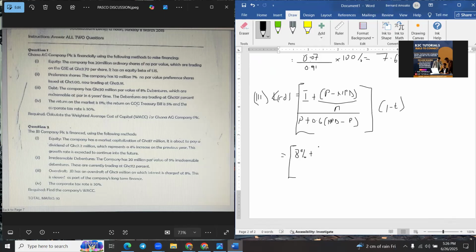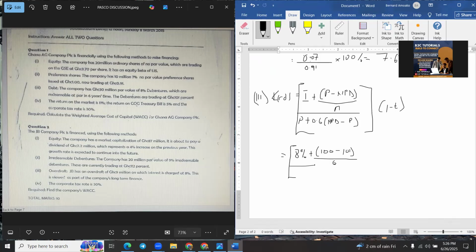So the par value is always 100. And the NPD is the market value that is written here as 101. So 101 divided by the number of years, which is 6 years. In the question, see 6 years there. Number of years is 6 years.